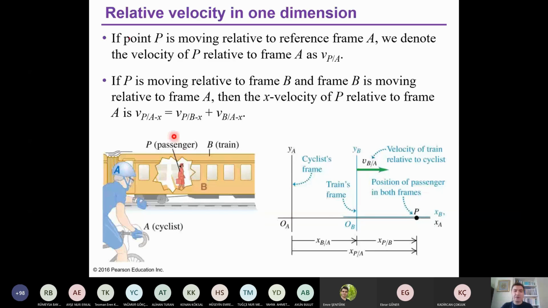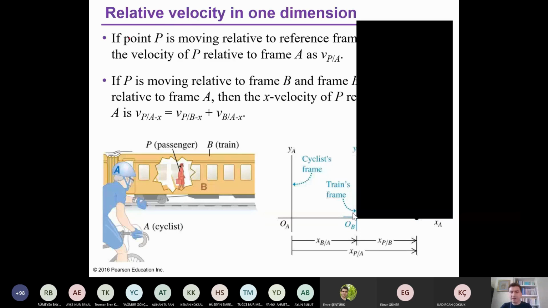So now let me go into detail a little bit related to this velocity. Let's consider that the cyclist is here and the train is here and it is moving. So this is the distance between train and cyclist, let's say, the position of the train relative to the cyclist, x_BA. And here we have a passenger within the train, and this is the position of the passenger relative to the train frame, x_PB.